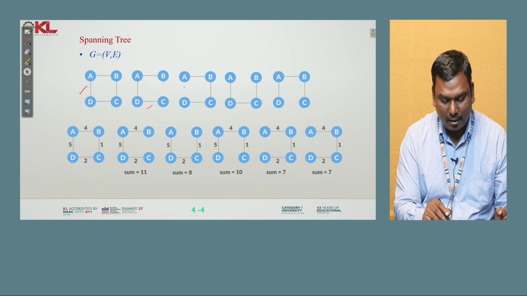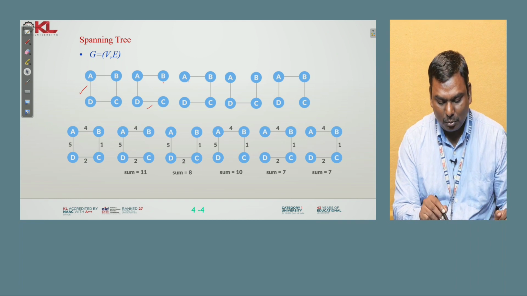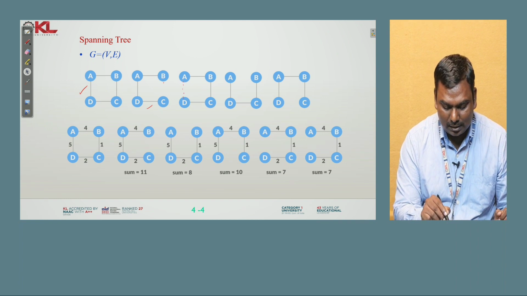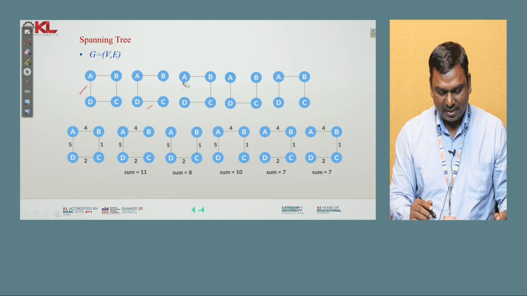For another tree, we removed the edge A to D. This is the second tree.